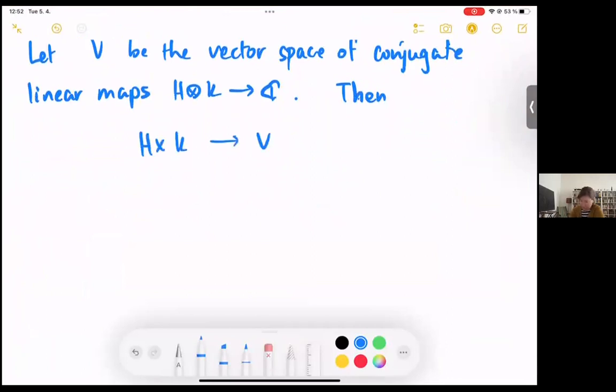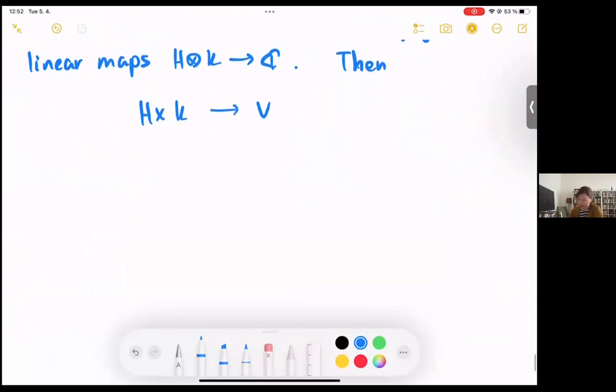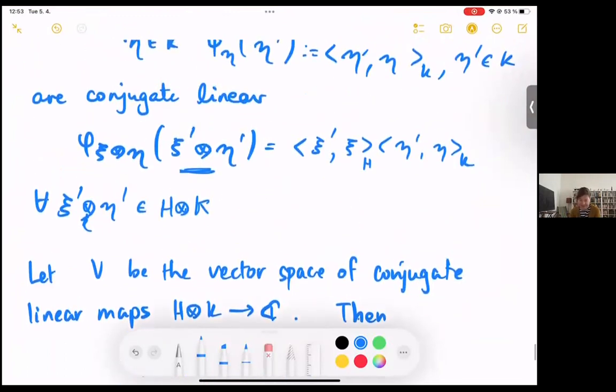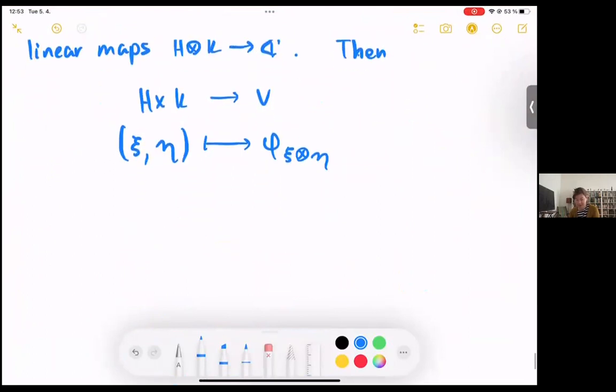Then we can define a map from H cross K into V, which takes psi eta to phi psi tensor eta, which we just saw is a nice conjugate linear map. And by the definition of phi psi eta, you can see that this will be a bilinear map.